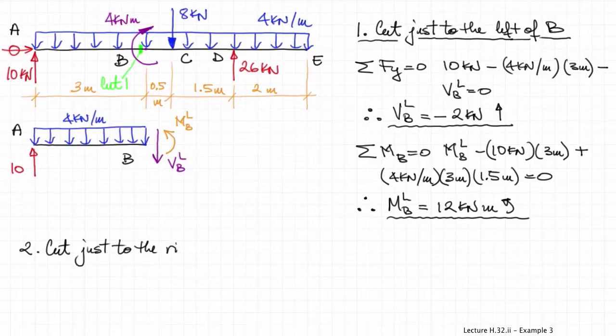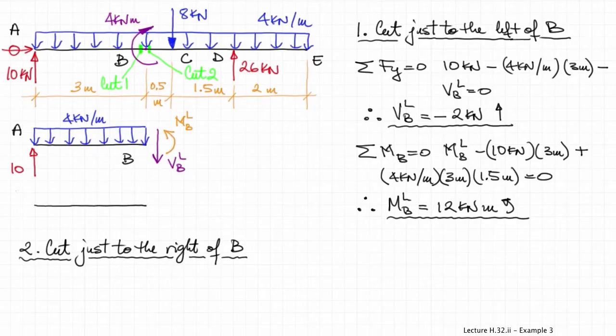Now at the second stage we will cut the beam just to the right of B. So it's similar as before, but we'll go one little step to the right until we pass B. So that will be cut 2. Draw the resulting free body diagram, which will be similar to the one that we drew before, except that now we will also capture the concentrated moment acting at B, right?